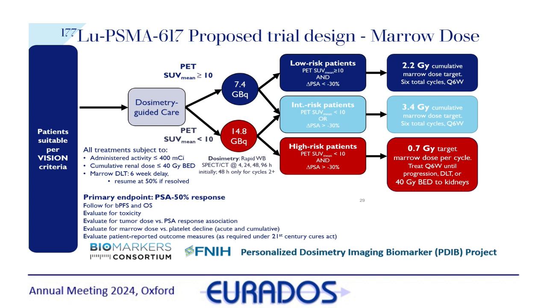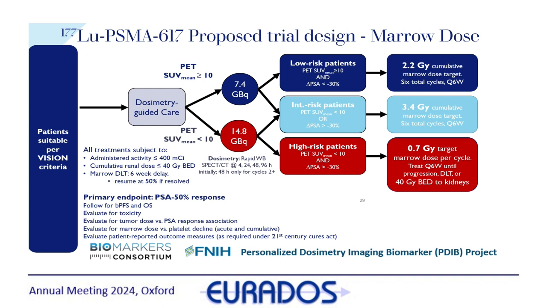So for patients with an SUV above 10, you can go the traditional way of giving 7.4 gigabecquerel, and additional dosimetry is not really essential to do.